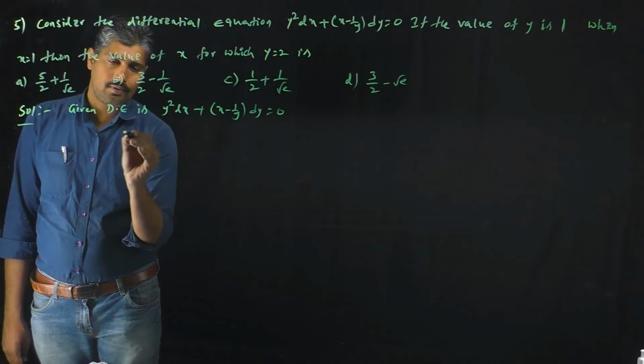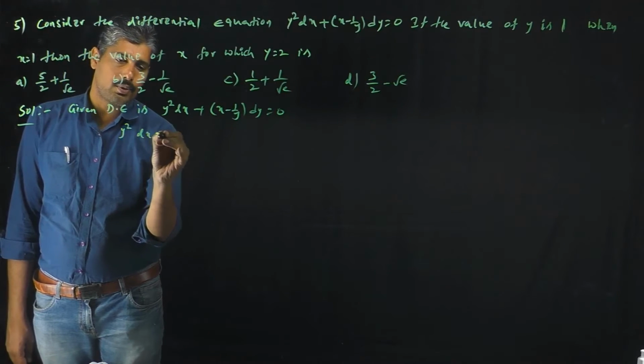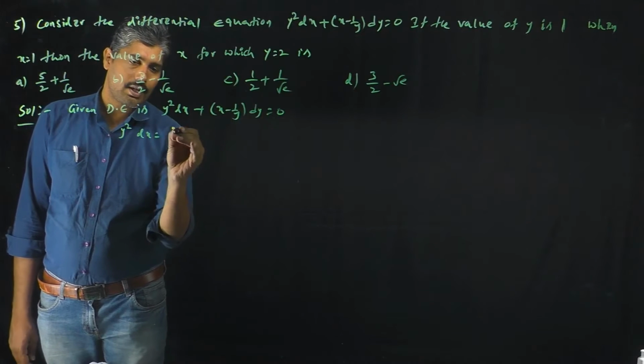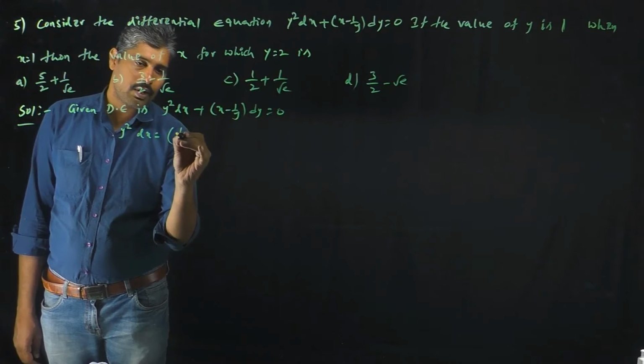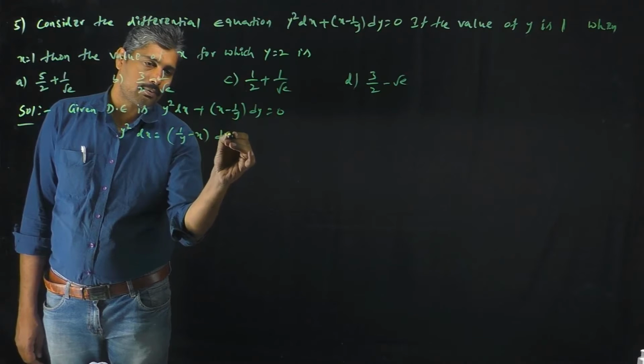Here I take y squared into dx equals, taking the right side, we get minus, that is 1 by y minus x into dy.